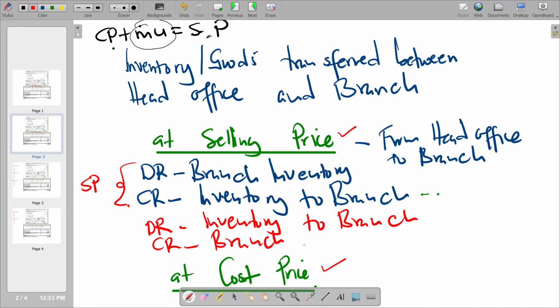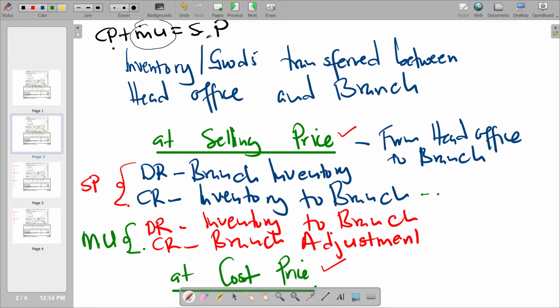So the branch adjustment account is created to reduce the amount in the inventory to branch to cost price. So basically, that's what we have. So this is now the double entry using the markup value. So basically, this is what we have when we are having a transfer at a selling price.